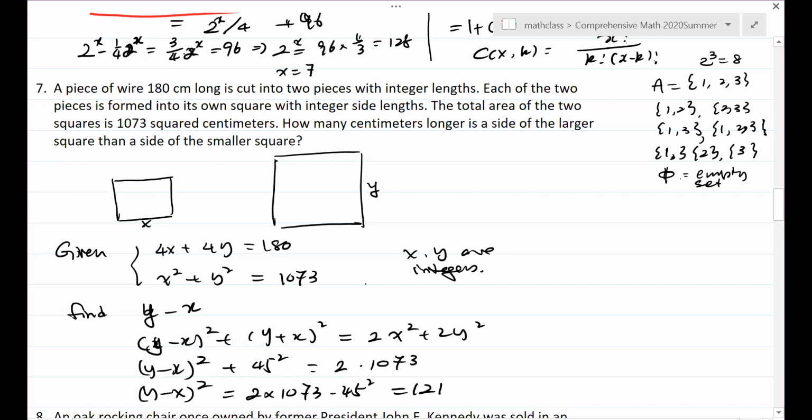So 121, then you get y minus x is 11. Okay, so that's the answer.